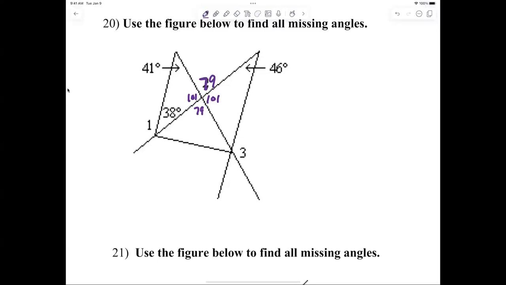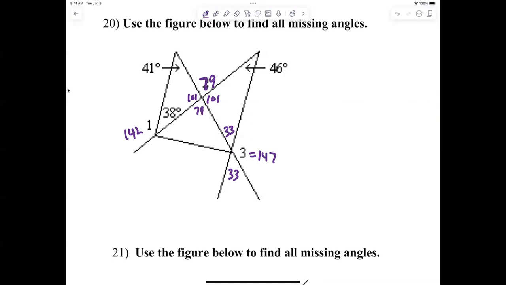And then angle 1 is what? 142. And so now this angle right here is how much? 104. Oh, sorry, 33. Everybody okay with that being 33? This is 33. Angle 3 is what? That one's 147. All right.